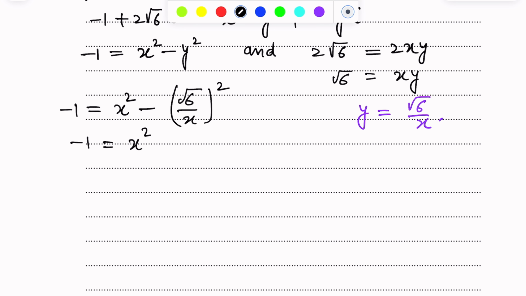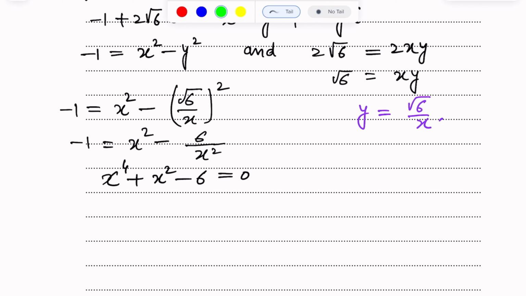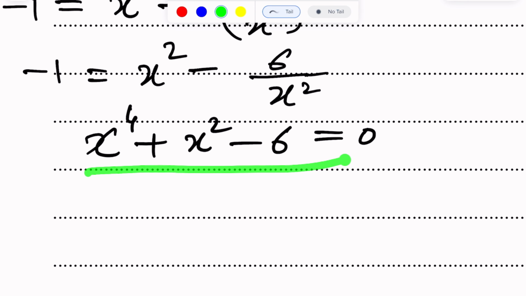Simplifying, further simplifying, we get x to the power 4 plus x square minus 6 is equal to 0. This is a disguised quadratic equation, because 4 is 2 times of 2, the power of x square.